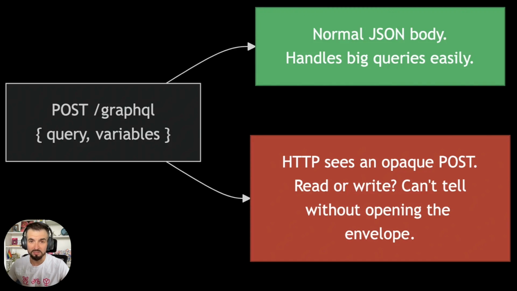If some proxy or cache or other piece of infrastructure sees POST /graphql, it doesn't know whether that request is reading data or changing data. You and your GraphQL server might know that the document inside the body contains a query operation, but HTTP itself doesn't know that. Now, the GraphQL over HTTP specification has affordances for that, but again, it's not built into the semantics of HTTP itself.